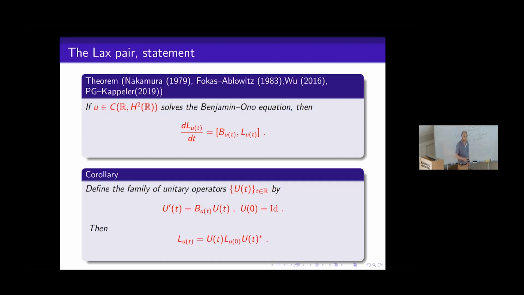Remember, B_u was bounded. So B_{u(t)} is continuous in time, valued in bounded operators on my Hilbert space, and this is just a theorem by Cauchy, essentially, which tells you that this linear differential equation is well posed. And since U of 0 is the identity, and since B_{u(t)} is anti-self-adjoint, it's easy to see that U of t is unitary.